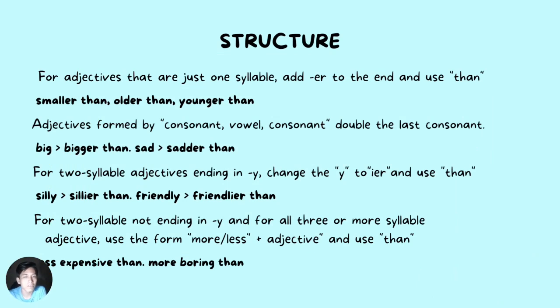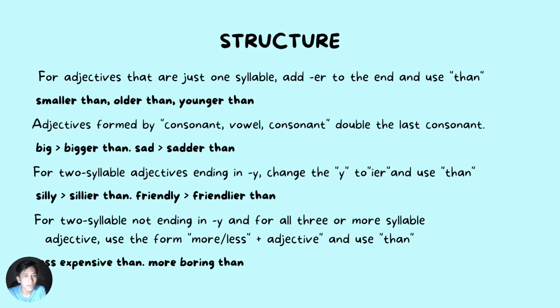The structure is not complicated, not difficult to learn, because for those adjectives which have just one syllable, we have to add er to the end and then use than. So it will be from small to smaller than, from old to older than, from young to younger than.